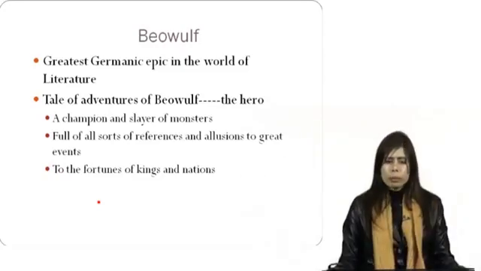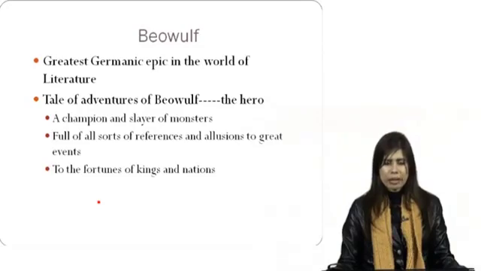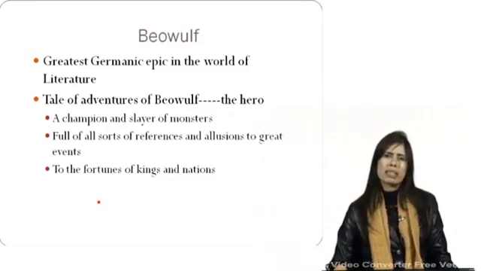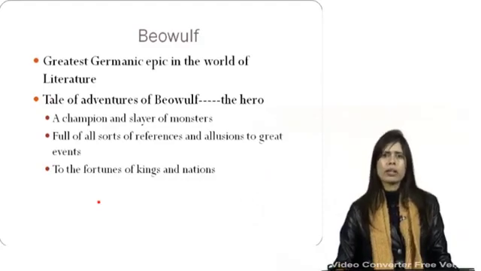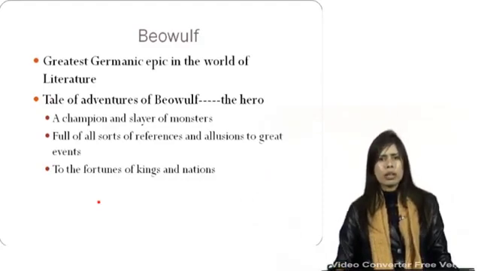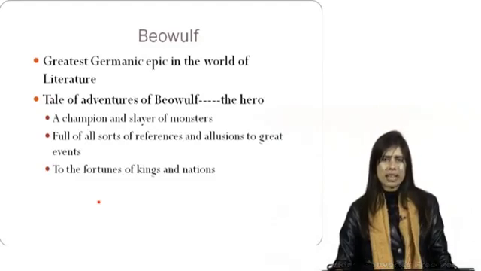Here we are talking about Beowulf, a champion and slayer of monsters. He was a champion and slayer of monsters, and this poem is full of all sorts of references and allusions to great events. So basically this poem is an allegory as well, and it was written in Old English, full of different references and allusions, an indirect way of conveying things.